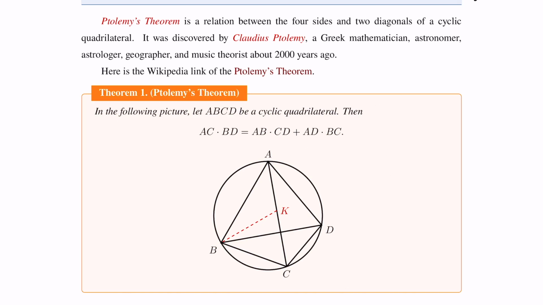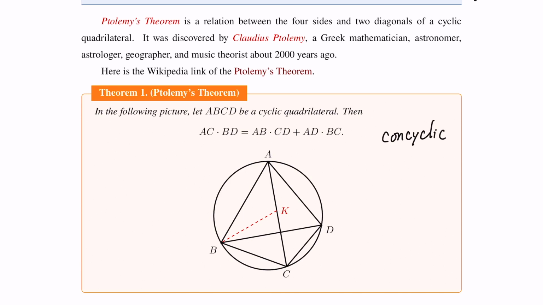In general, for any triangle there's a unique circumscribed circle, but for a quadrilateral it's not necessary that there is a circle passing through all four points. If the four points can sit on a fixed circle, the quadrilateral is called a cyclic quadrilateral, or in other words, A, B, C, D are concyclic.